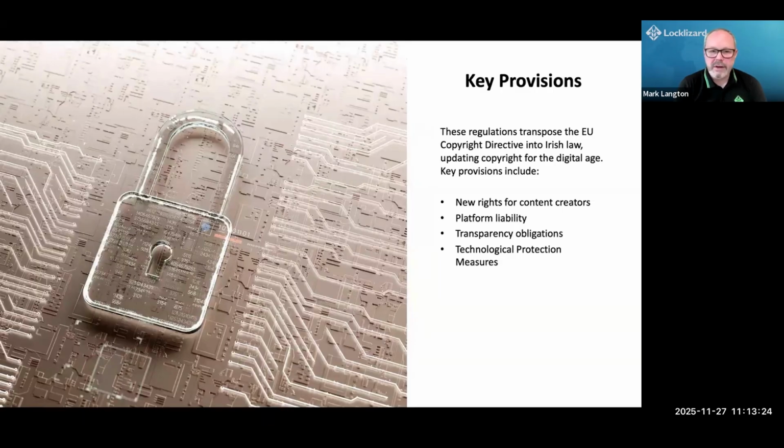So it's certainly a consideration around how you are going to share that. Then the technological protection measures. What actually can you and can't you control with a DRM capability? I'll cover that a little bit later on.